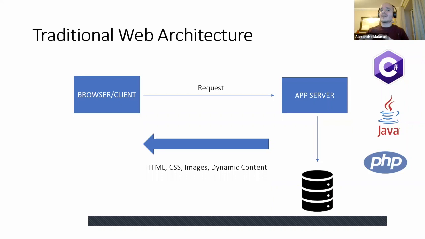The server processes absolutely everything: it accesses the database, processes the data, and runs logic using C#, Java, PHP, or any language on the server side. Once this process is complete, the server application returns everything to the client, including HTML, CSS, images, JavaScript files, content from a database in whatever format is being processed, and extra files.